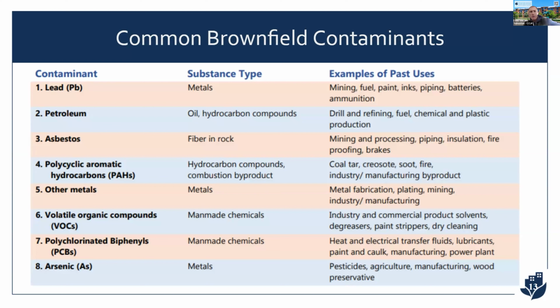I won't talk through this entire slide, but where some of these contaminations might come from, it's important to understand the history of your own community, what industry was there, and that will impact the type of brownfields that you might have. But you'll see all the types of past uses that may have created brownfields within your area, such as metal processing, mining, say a car shop.